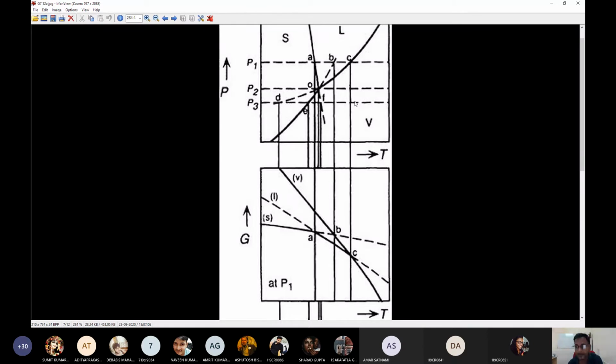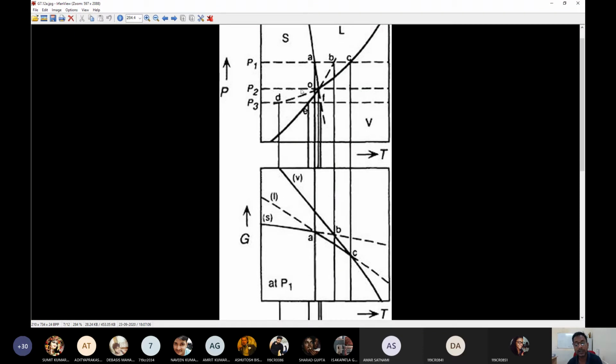When those three phases are in equilibrium, their molar free energies are going to be crossing each other at this point. So we'll have to draw our free energy diagrams at constant P2, with changing temperature, in such a way that the solid, liquid, and vapor free energies crisscross each other.